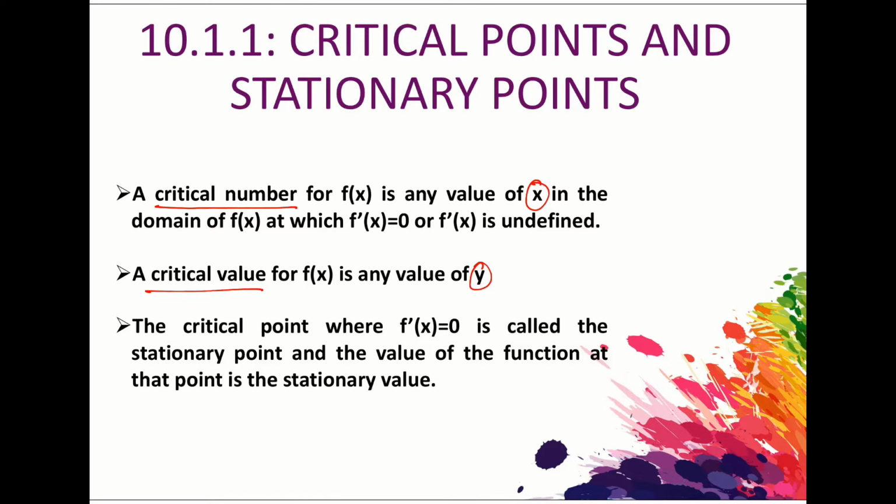The critical point where the first derivative of f(x) is equal to 0 is called the stationary point, and the value of the function at that point is called the stationary value.